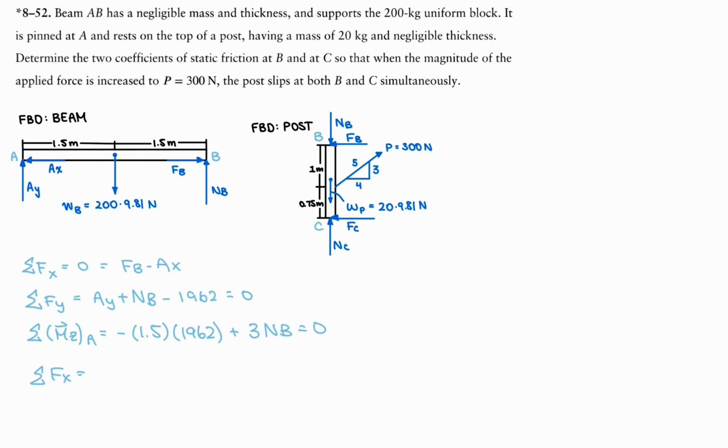So in the x direction, we'll have 4/5 times P minus FB minus FC has to equal 0. In the y, we're going to have NC plus 3/5 times P minus our normal force at B minus the weight of the post.